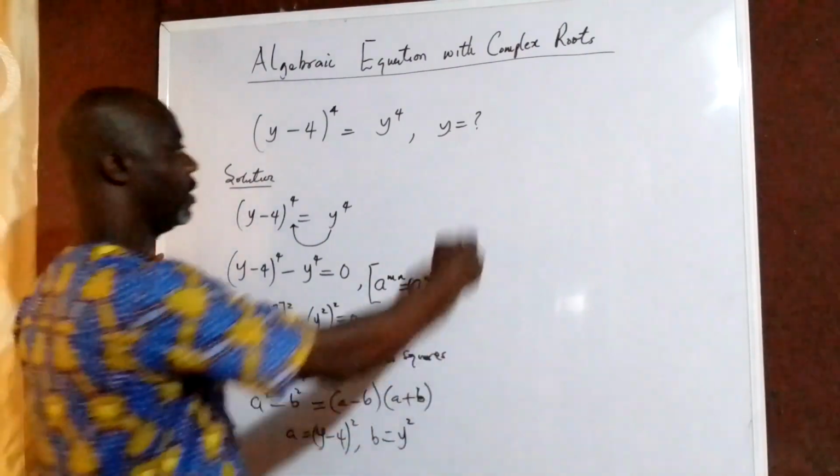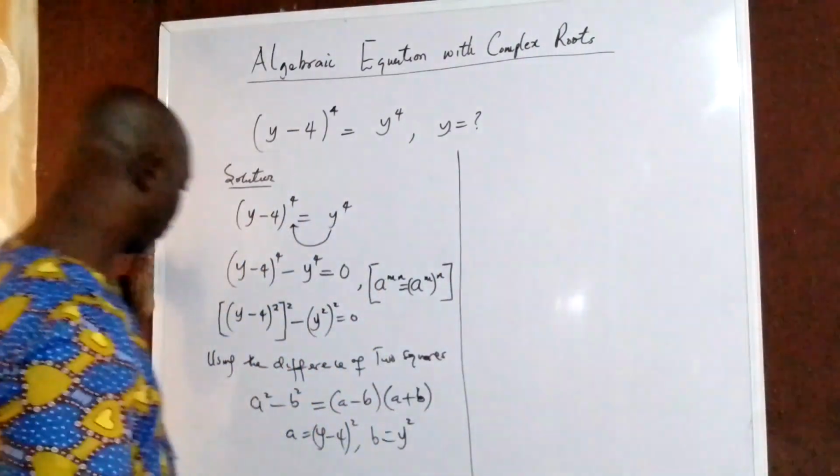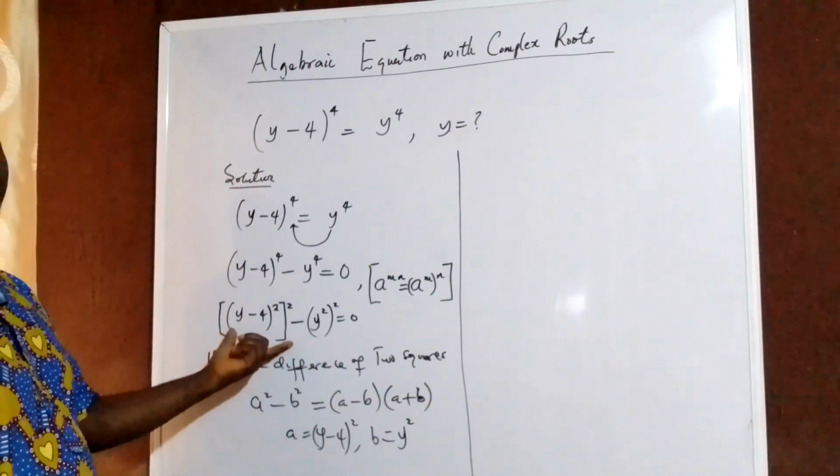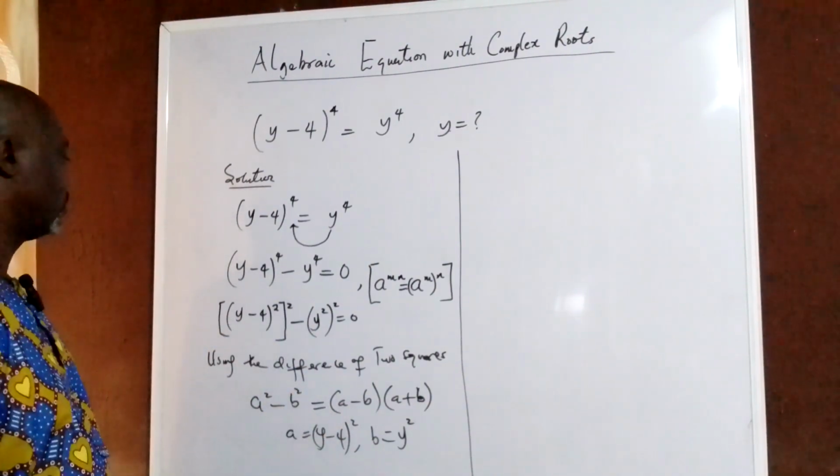So if I come over here to continue the solution, we're going to simplify the left hand side using this difference of 2 squares.